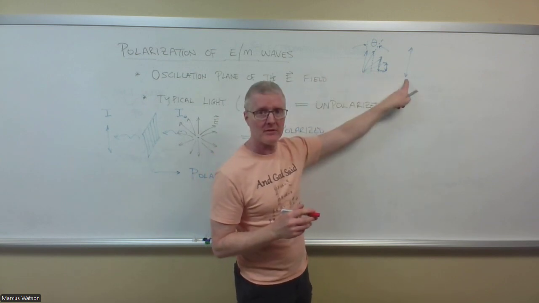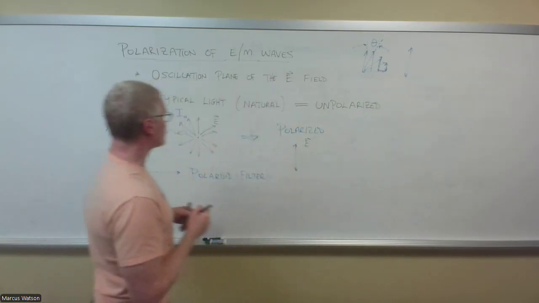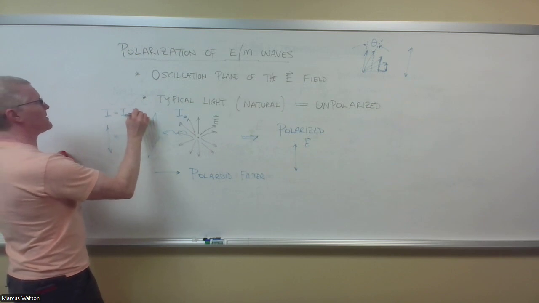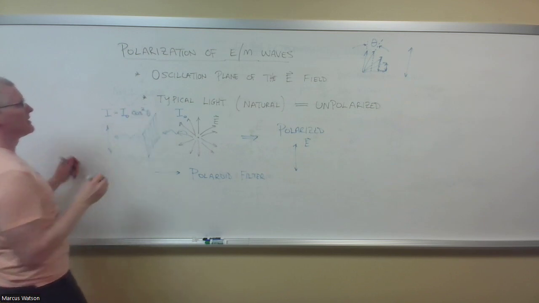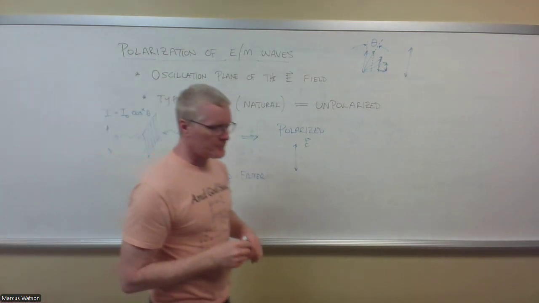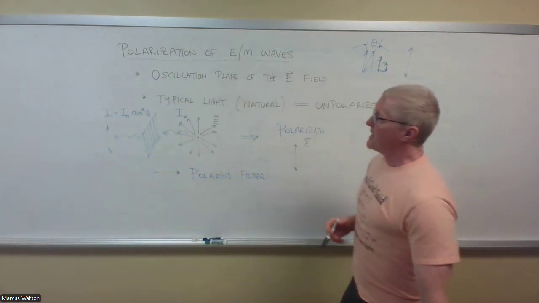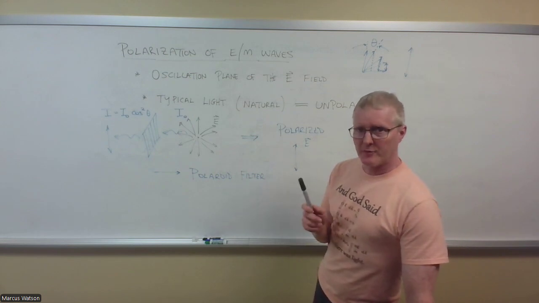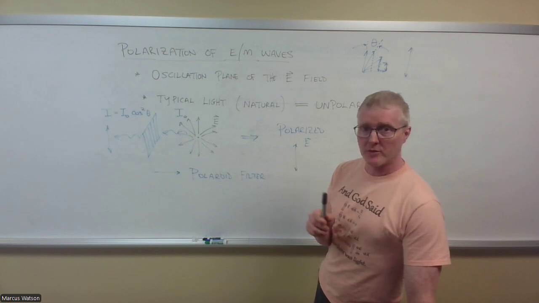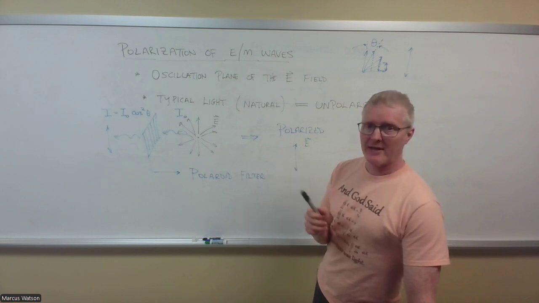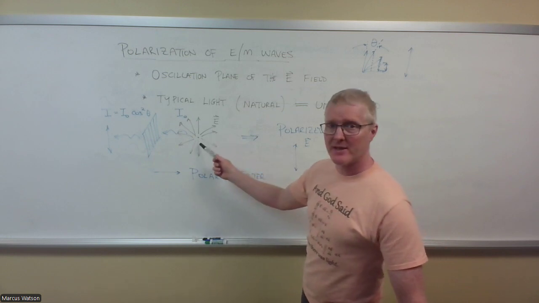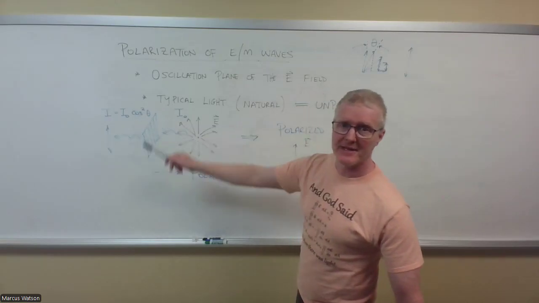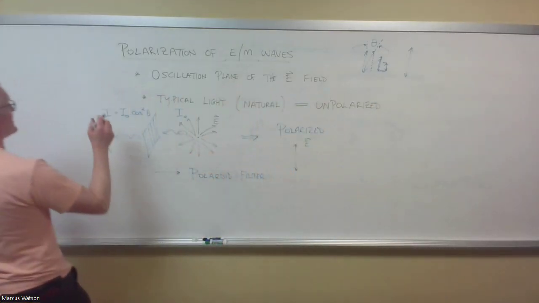So this is going to equal I naught times cosine, but that cosine is going to get squared as it goes through. And the reason for that is because the cosine of 45 is 1 over the square root of 2. And therefore, if I square that, it becomes 1/2. And that means that when I take unpolarized light and I transmit it through a Polaroid, it should come out at 1/2 the intensity. Okay.